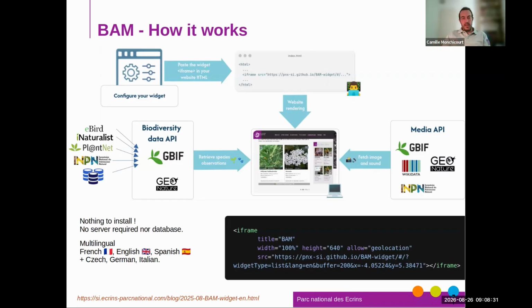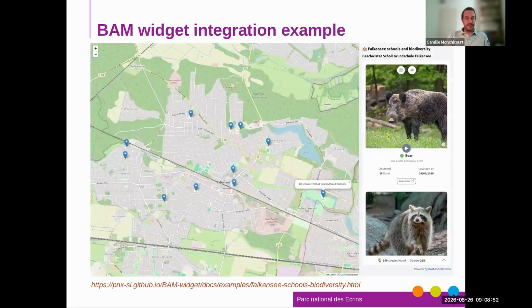And it will display the list of all the species in this location. So you have nothing to install, no server or database required, because it will connect to APIs. It is multilingual in French, English, Spanish, but also, thanks to the open source model, we got some contributions, and now it's also available in Czech, German, Italian, and we hope other languages soon.